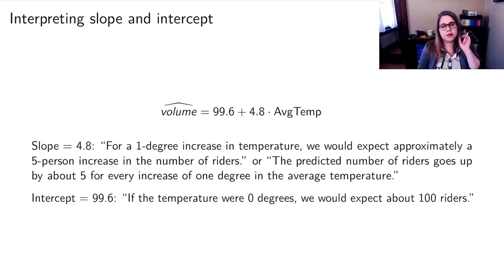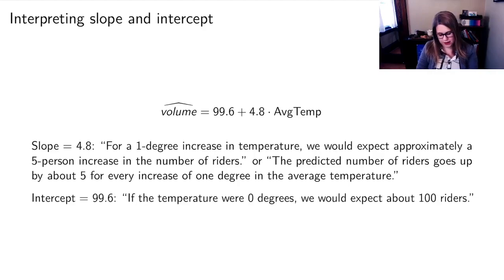I think the textbook has a slightly different favorite sentence, which would be: the predicted number of riders goes up by about 5 for every increase of 1 degree in the average temperature. Either way, you could use either of these as your recipe for interpreting the slope. You don't have to get creative when you interpret the slope.